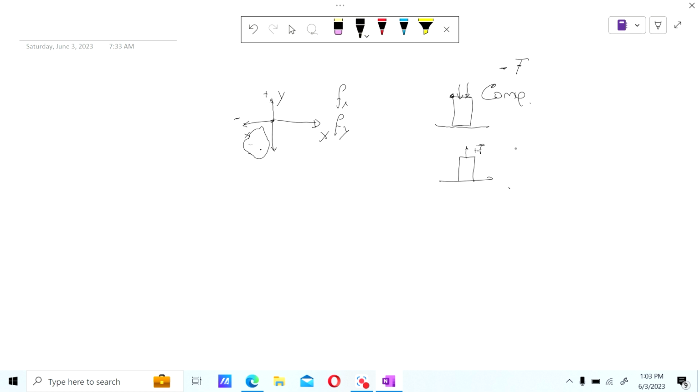Instead of stretching, let's say pulling. So this is a positive force. In this case, it's negative with respect to the coordinate system too. So you have x and y, so it's negative coordinates.